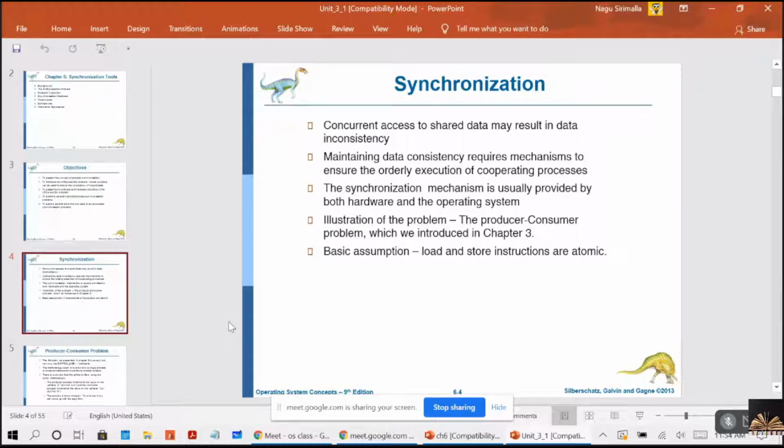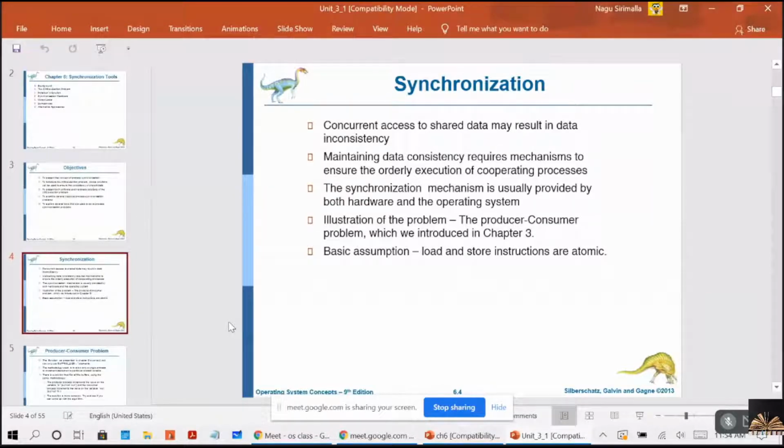If two or more transactions are happening concurrently in that, definitely it will lead to inconsistency of the data. So we have to maintain some synchronization to make sure that there is data consistency, right?